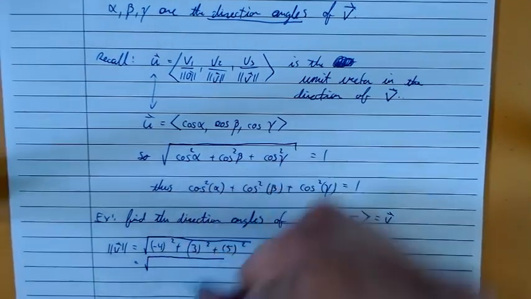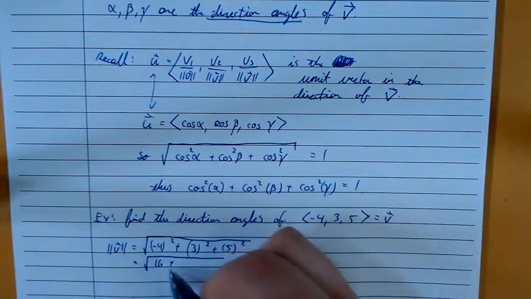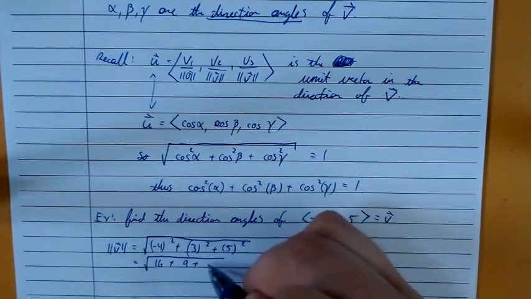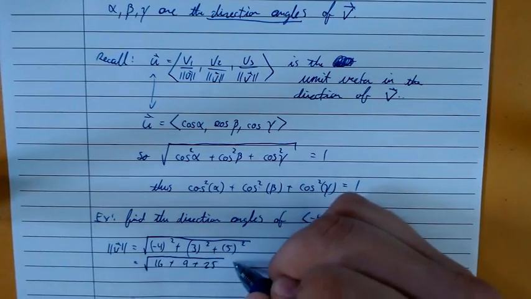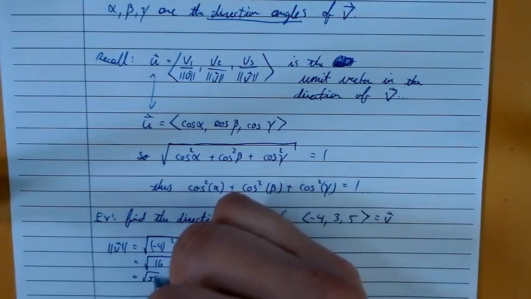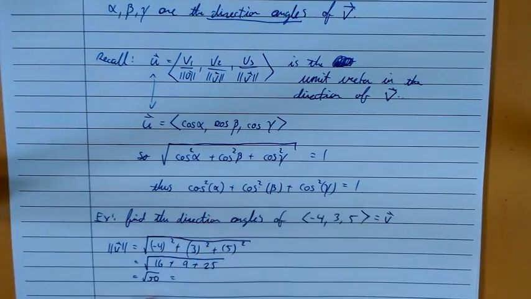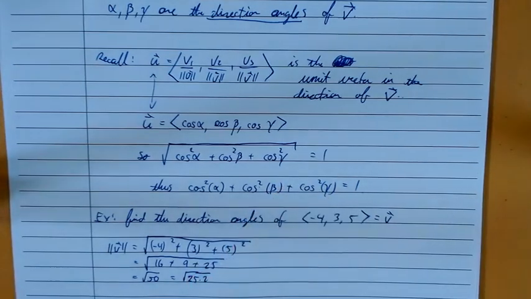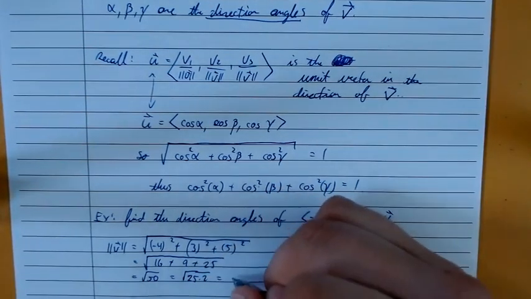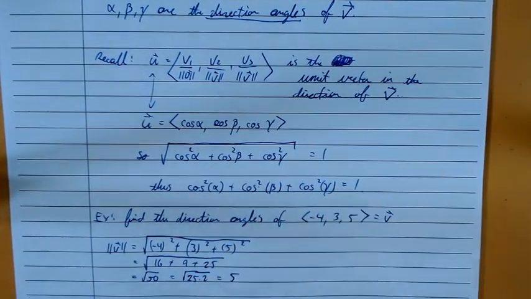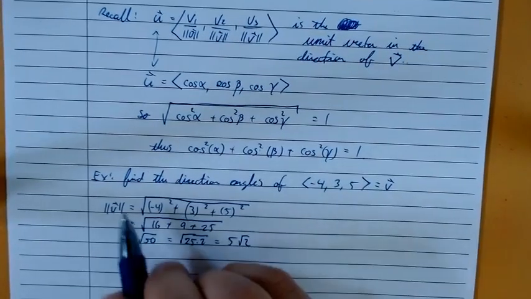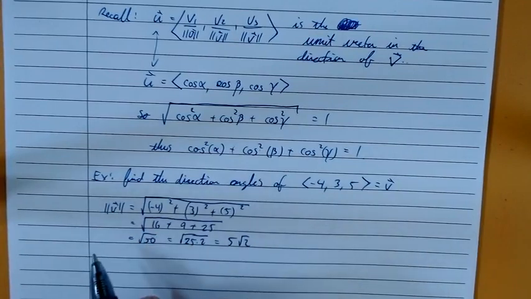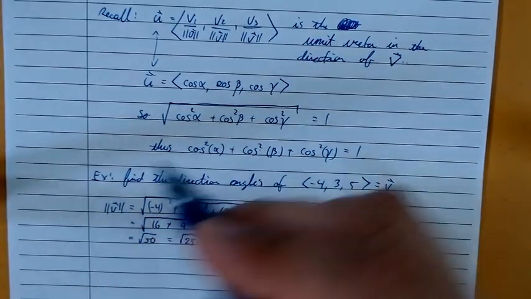So that's going to be the square root of 16 plus 9 plus 25, and that's the square root of 50. Which is what? 5 root 2. Right? The square root of 50 is the square root of 25 times 2, and I know the square root of 25 is 5, and I just leave my root 2 inside. All right, so there's my vector's magnitude.